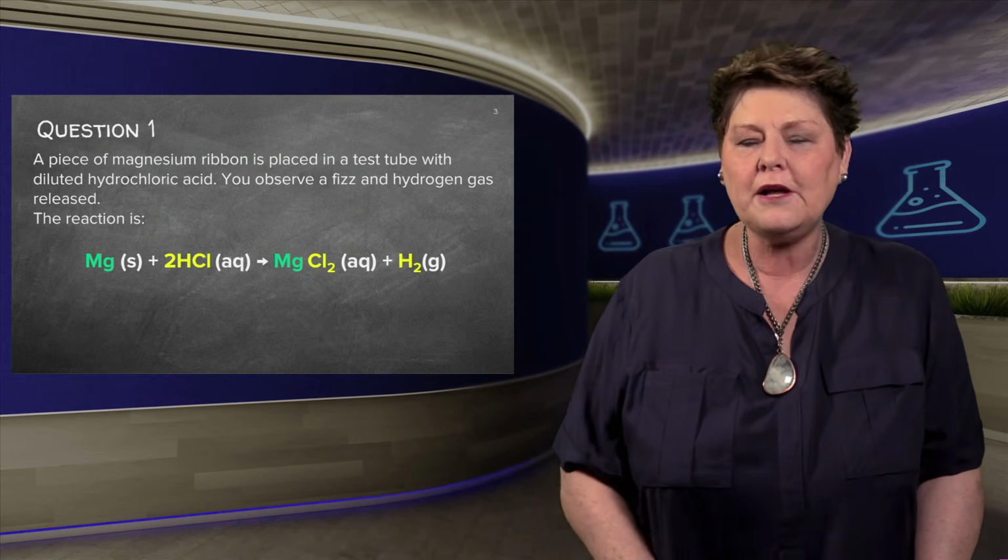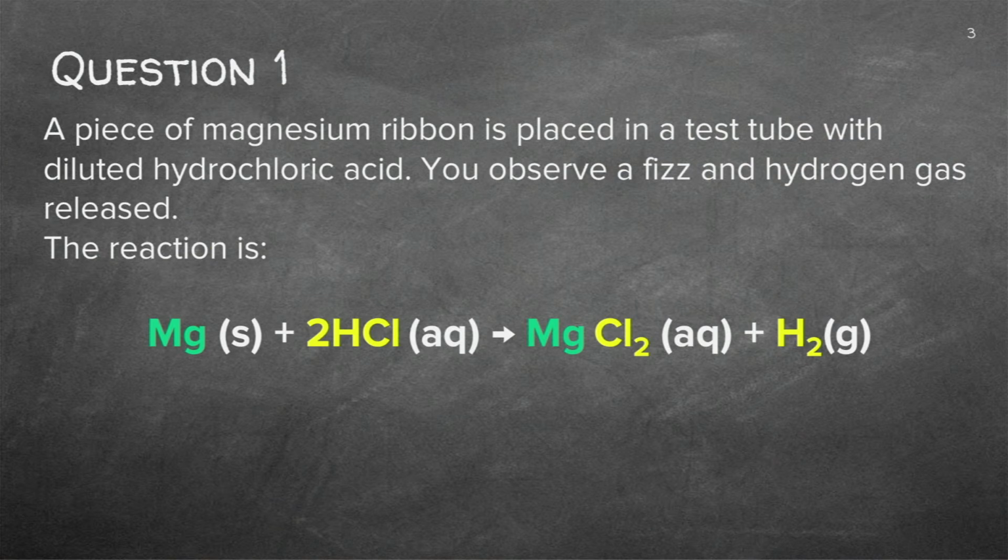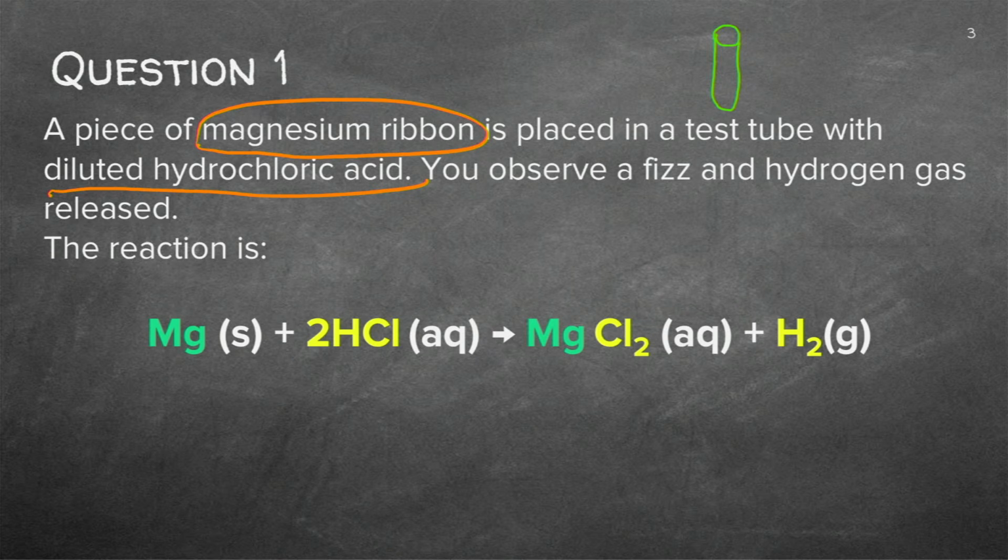Right, what's a typical question? A piece of magnesium ribbon is placed in a test tube with diluted hydrochloric acid. So, in your mind, you are visualizing a test tube, and in this test tube, there's a piece of magnesium. Let me make it clearer.